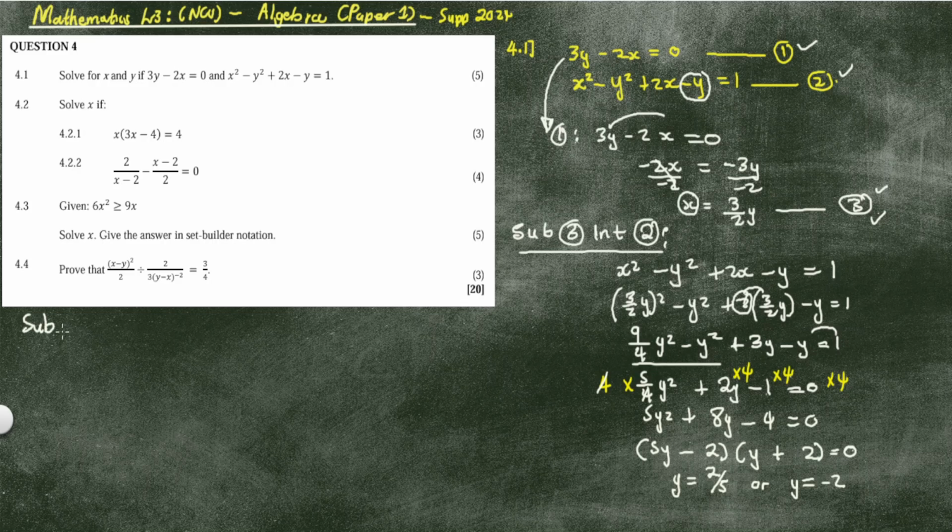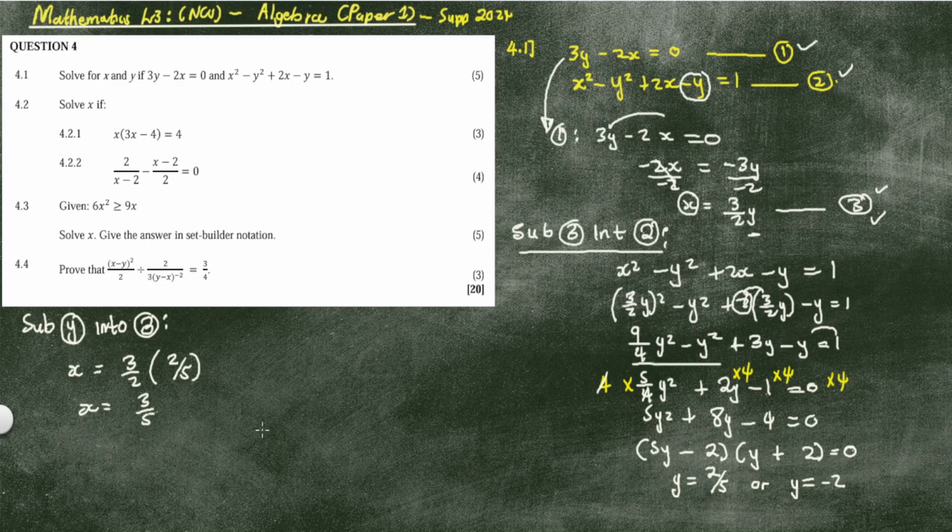So x is equal to 3 over 2 times 2 over 5. I'm substituting the first y value, which is 2 over 5. Multiplying this gives me 3 over 5.